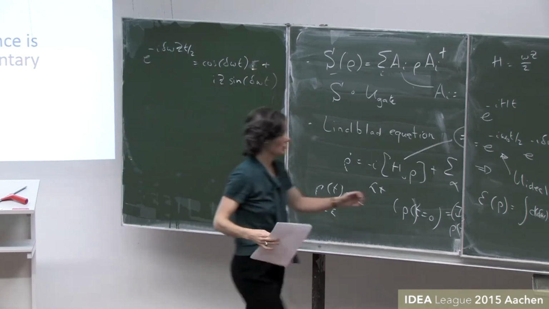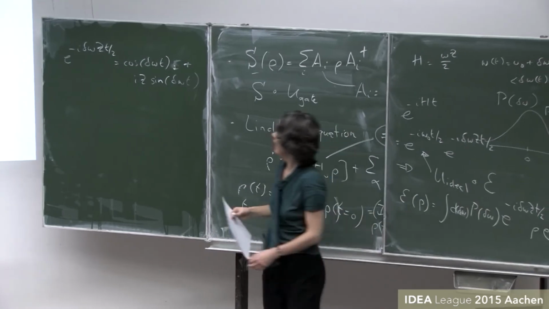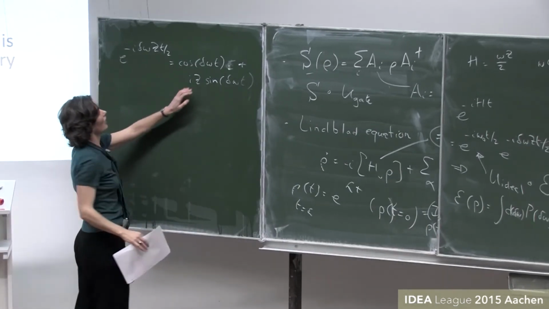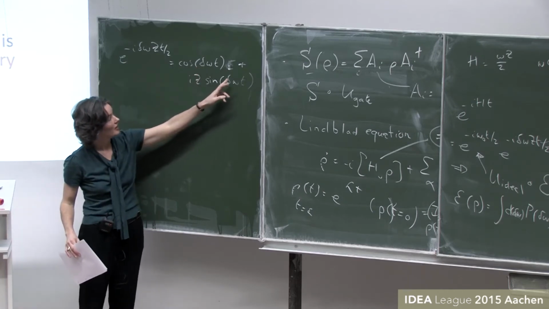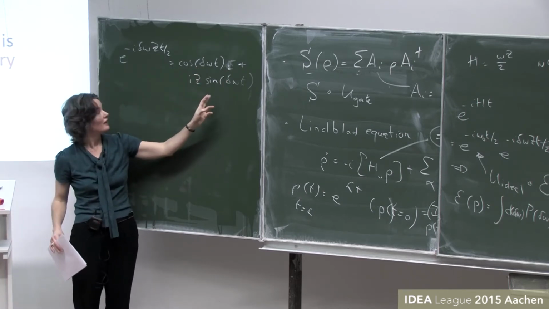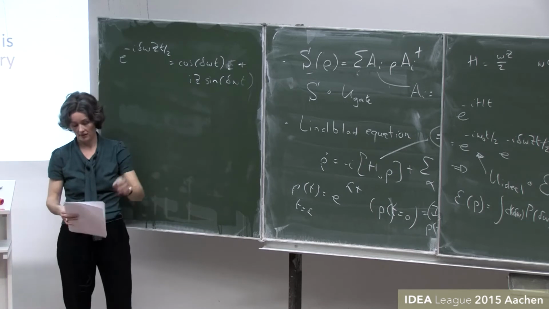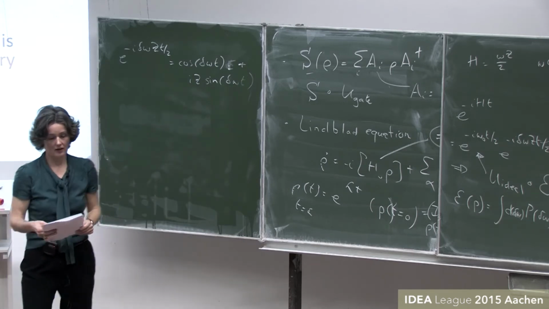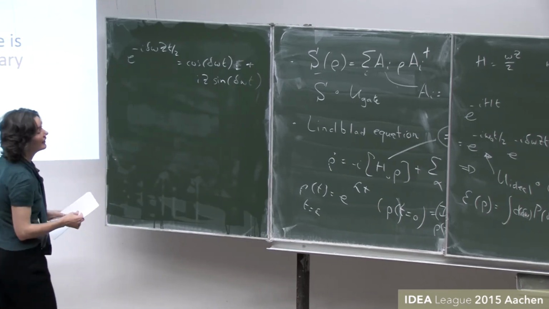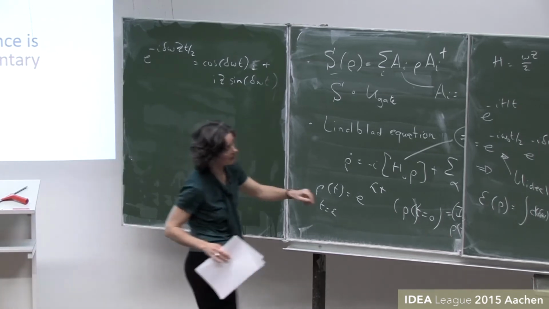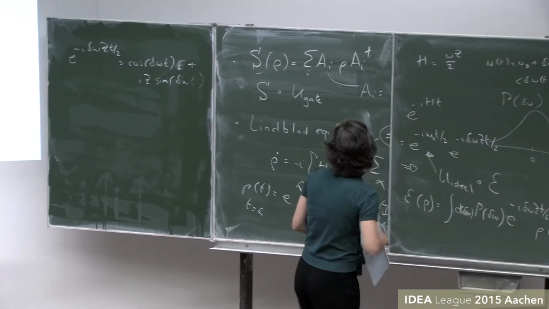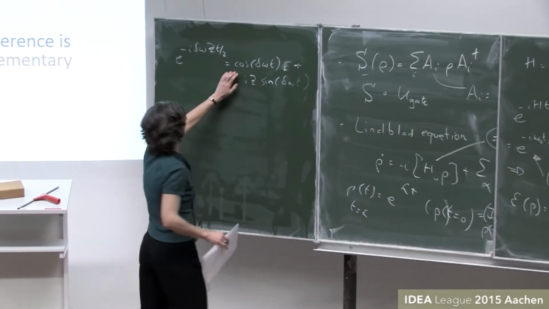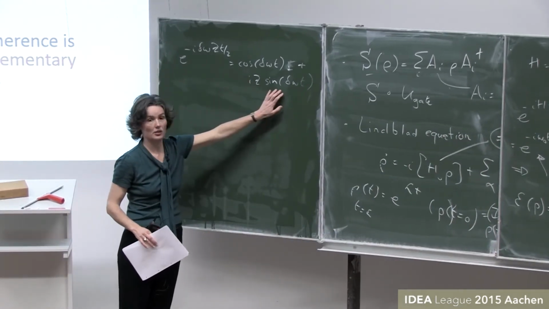I just write this small over-rotation as a linear combination of something proportional to the identity, times the cosine, plus something proportional to Z with the sine. And the point is, of course, that if this delta omega is truly small for this time interval t, then this is fairly large and this is small.